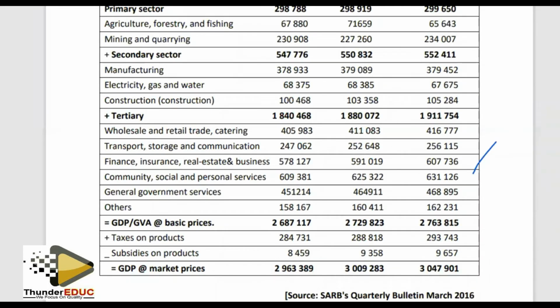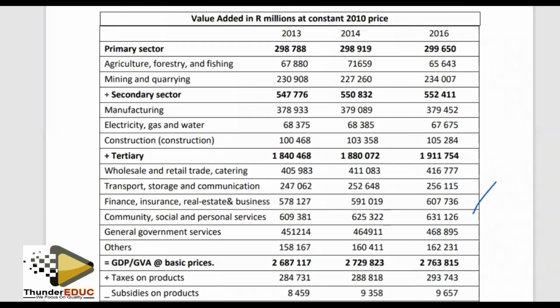We are studying this table carefully. Observe this and see what is happening.